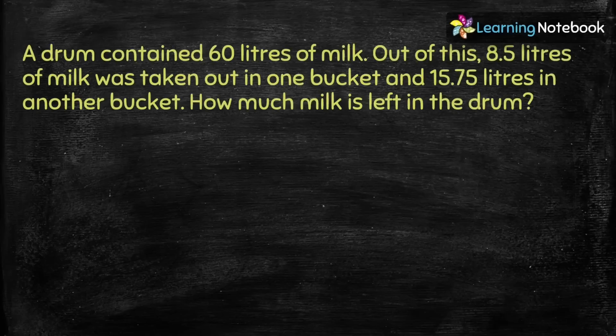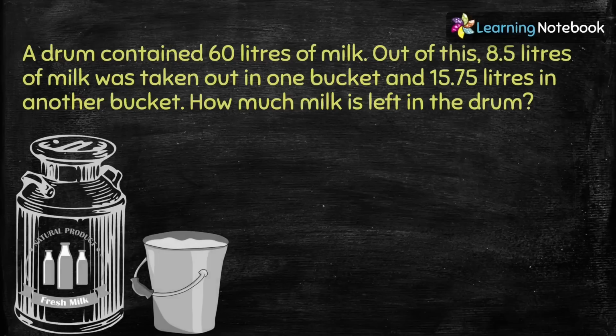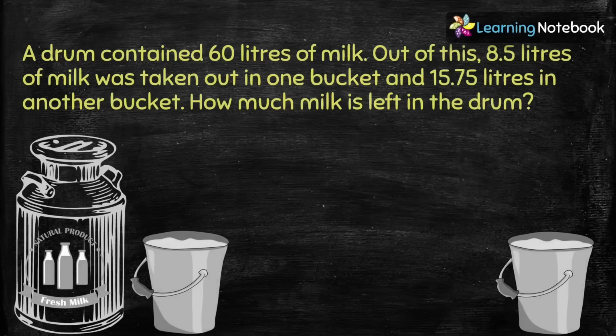Let's see the next word problem. A drum contained 60 liters of milk. Out of this, 8.5 liters of milk was taken out in one bucket and 15.75 liters in another bucket. So how much milk is left in the drum? Let's first understand this word problem.